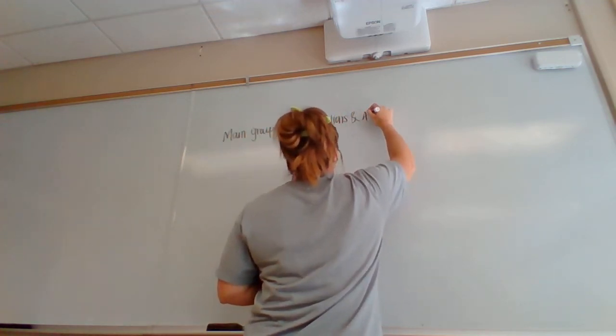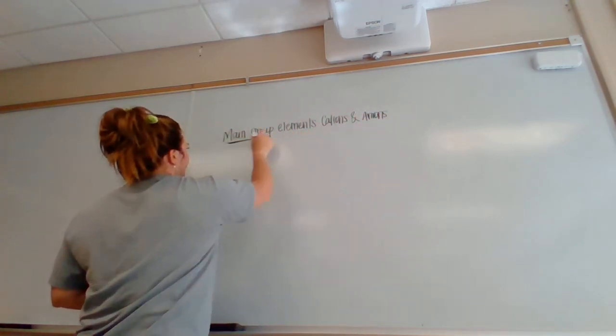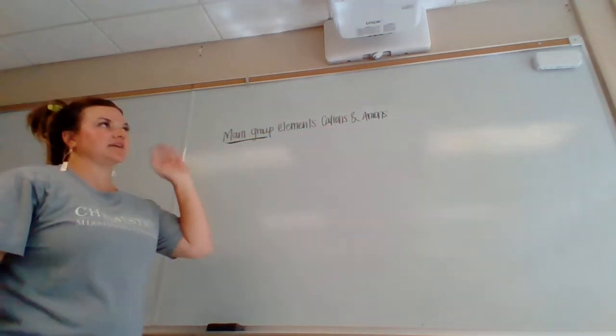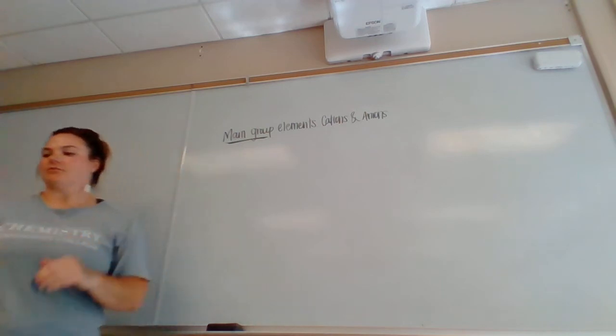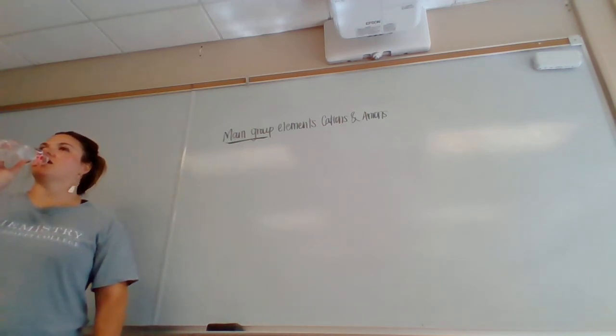When we talk about this, I'm only referring to my main group elements, so that's everything in the s and p block. Transition metals have their own way of doing it.